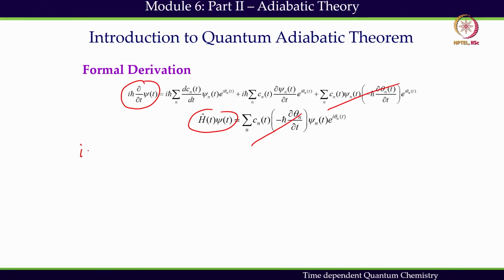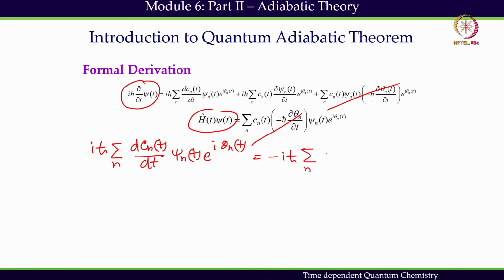I get i ħ summation of dc_n/dt psi_n(t) e to the power i theta_n equals minus of i ħ summation of c_n(t) psi_n(t) e to the power i theta_n.